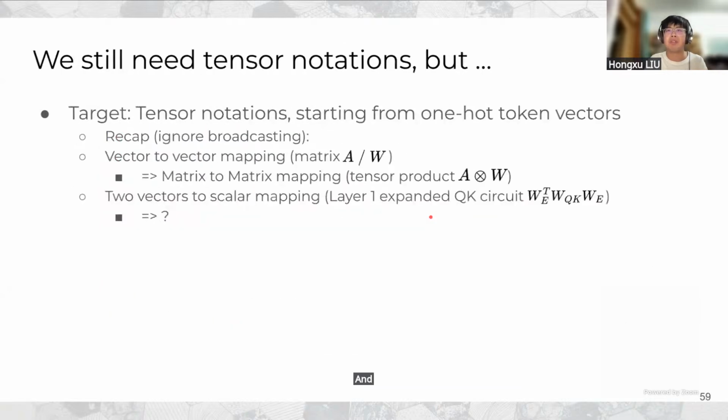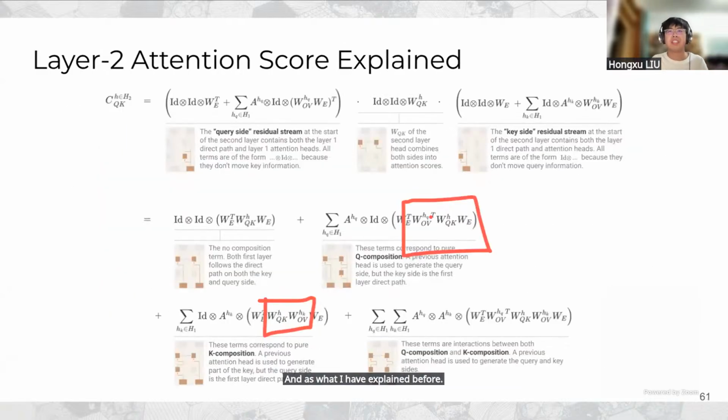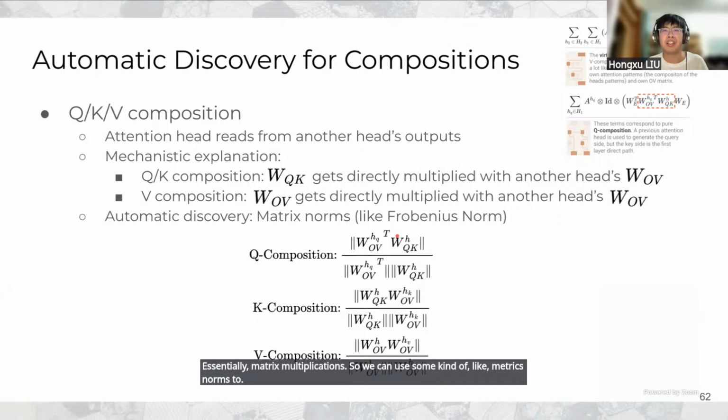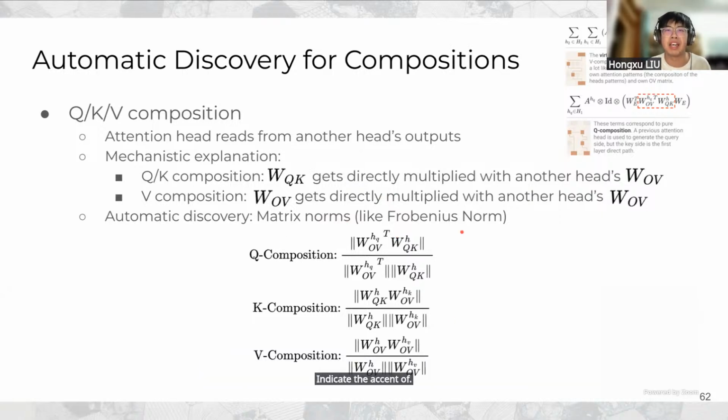As I have explained before, circuits are essentially matrix multiplications. So we can use matrix norms to indicate the extent of the composition. If the multiplied matrices have relatively larger absolute values, it indicates a stronger composition.